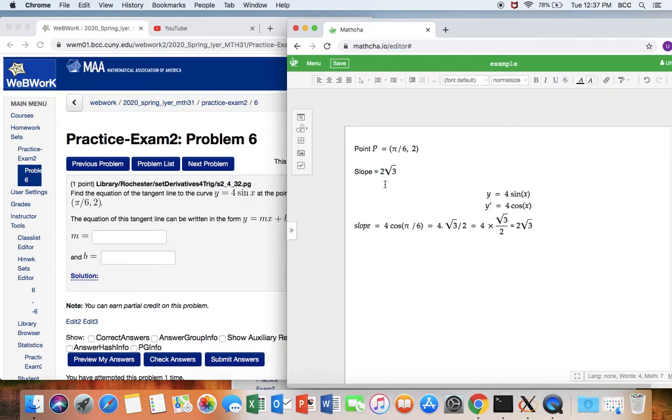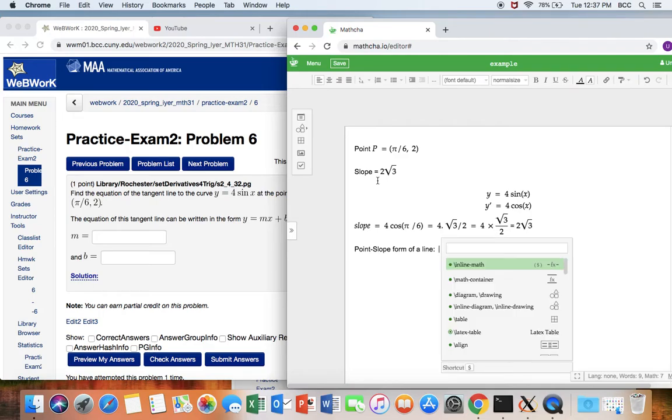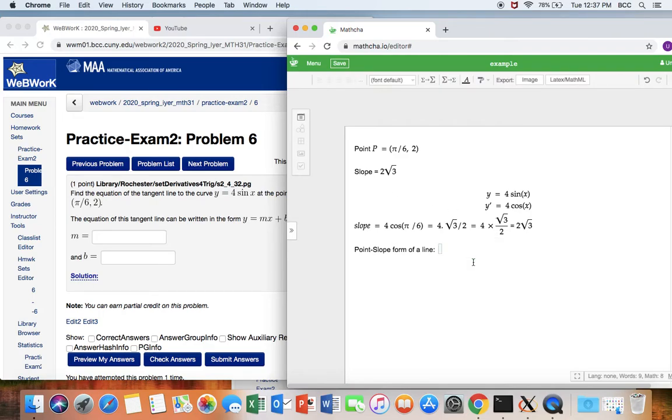So you have point, you have slope. We want to use point slope form of a line. What is the point slope form of a line? It is y minus y coordinate equals slope times x minus x coordinate. You got that?